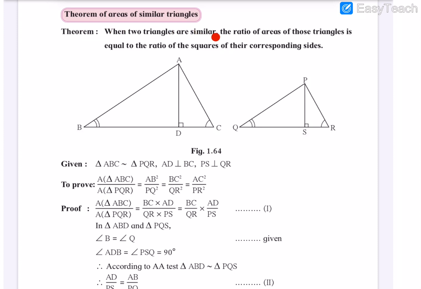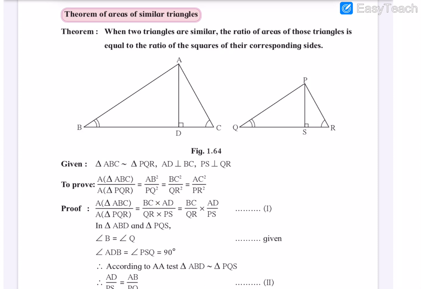When two triangles are similar, the ratio of the areas of those triangles is equal to the square of the ratio of their corresponding sides. When you look at the image, these two triangles are similar, then the ratio of their areas, meaning the area of triangle ABC and the area of triangle PQR, will be equal to the square of their corresponding sides.